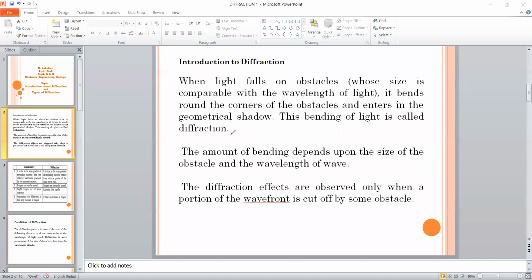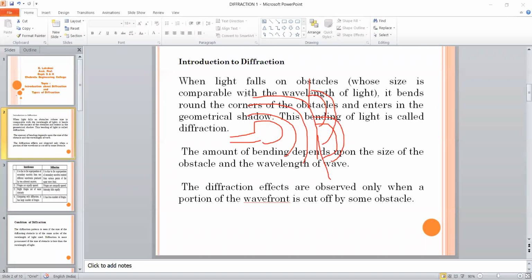For example, if this is the bulb and these are the wavefronts, that means light waves are emitting like these wavefronts. Now, in the path of the wavefront, there is some obstacle. Here at the obstacle, it starts secondary wavefronts like that.